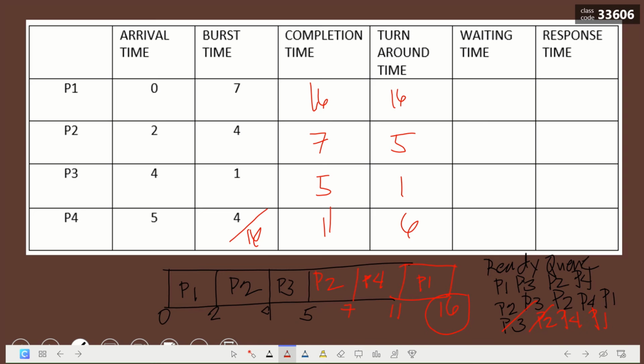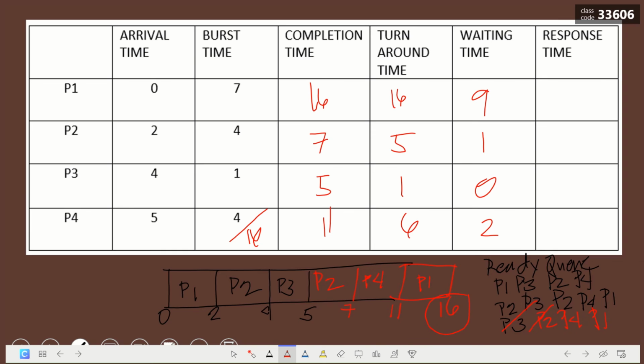Now, to get the waiting time, the formula is turnaround time minus the burst time. Okay? So, 16 minus 7, we have 9. Then, 5 minus 4 is 1. So, 1 minus 1 is 0. And then, 6 minus 4 is 2.